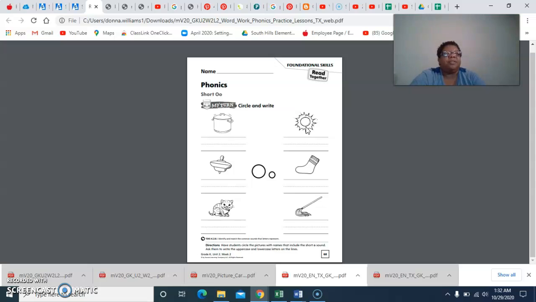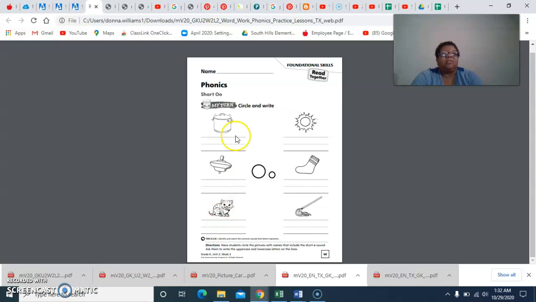So that's the letter U, like umbrella. For cat, it has the a sound, like apple. So it has the short A sound. So we have the short U, short A for those two.